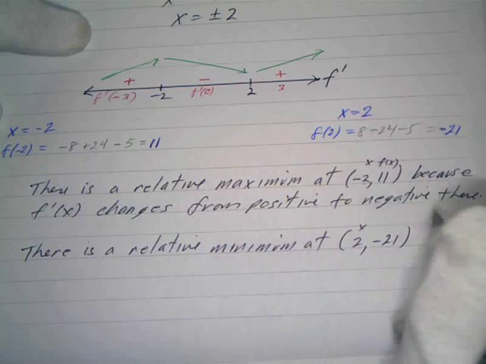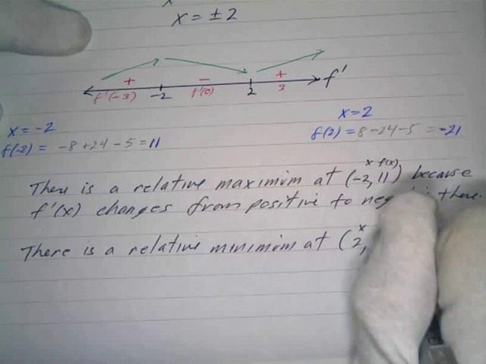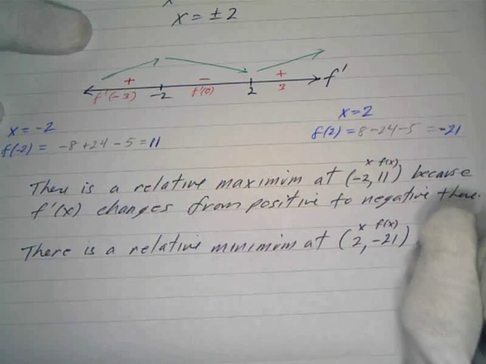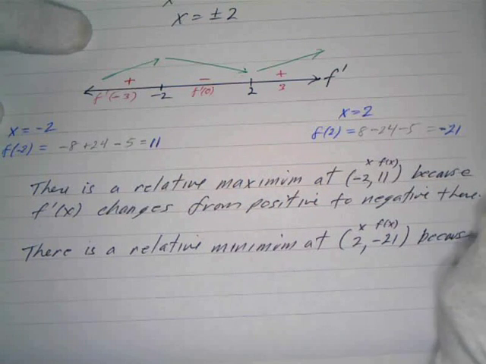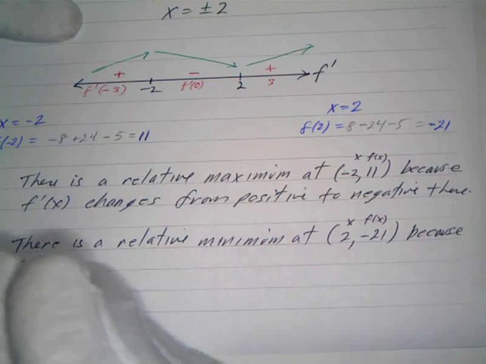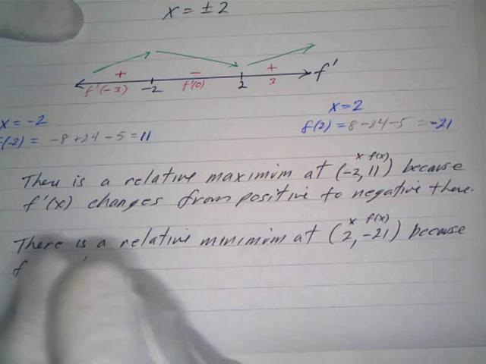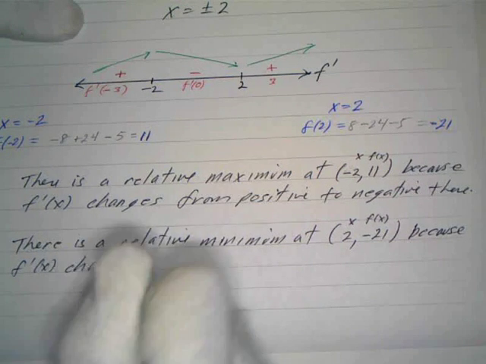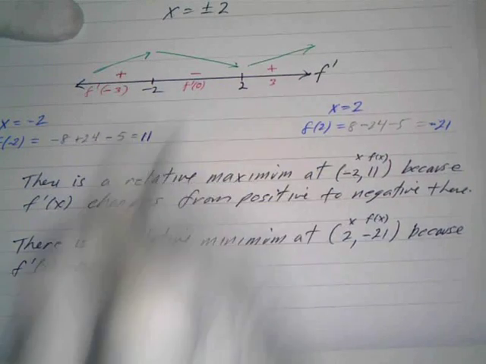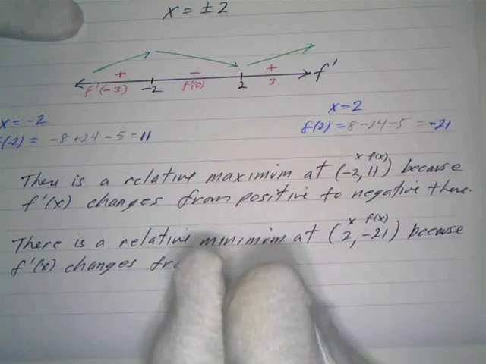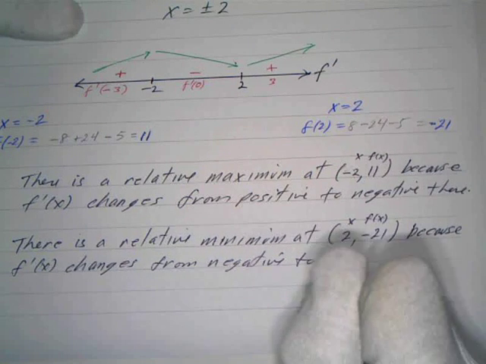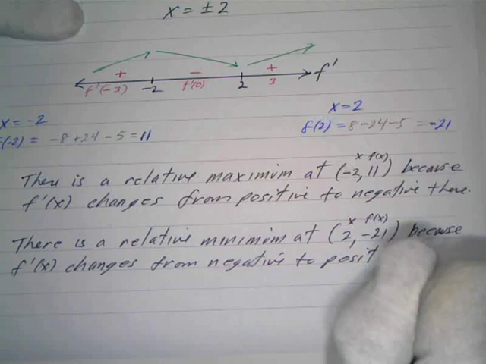So at x equals 2, the actual minimum value is f of x or -21 because what? F prime of x changes from negative, you can see this negative, to positive. There.